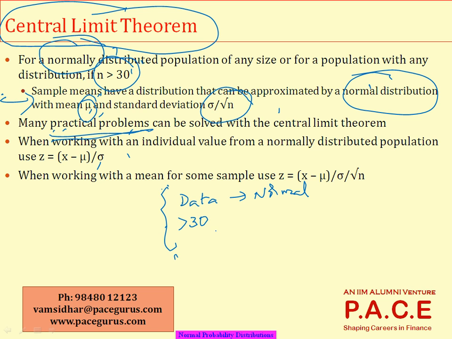In these two cases, if you take different samples and for each sample you construct the sample mean, the mean of all those sample means will be approximated to the population mean, with a standard deviation equal to sigma by root n.